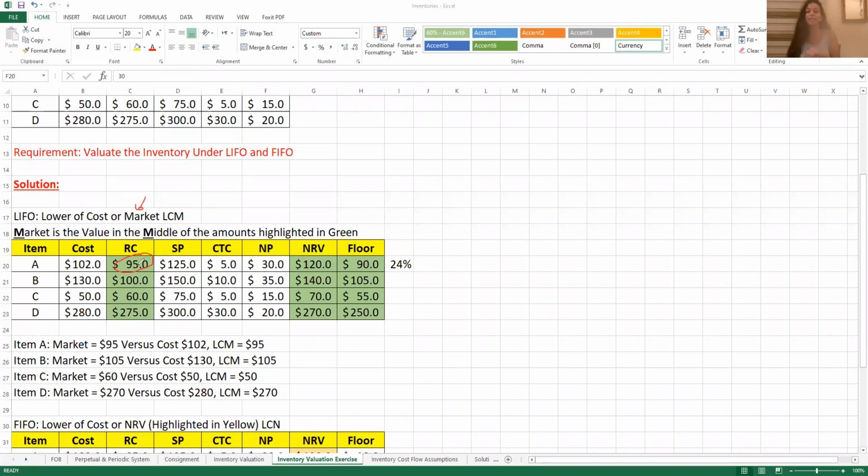So the market is $95. I have to compare it with the cost of 102, and the lowest amount is $95. So that's the lower of cost or market. Item A is $95. For item B, I do the same.